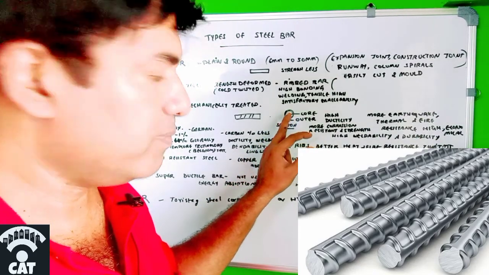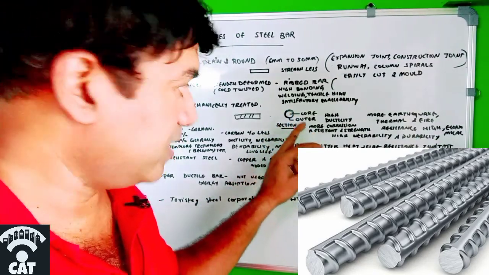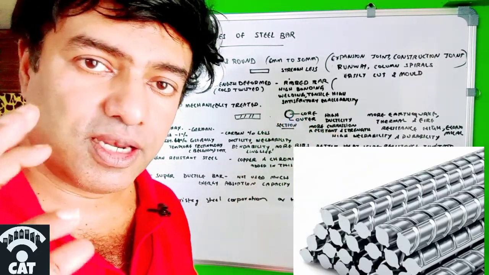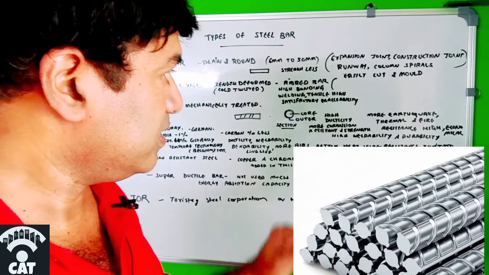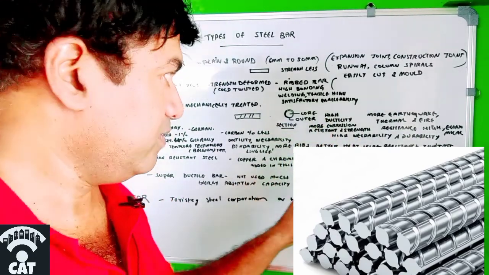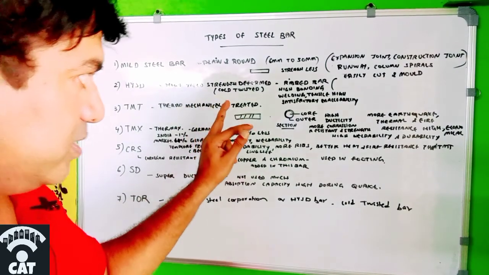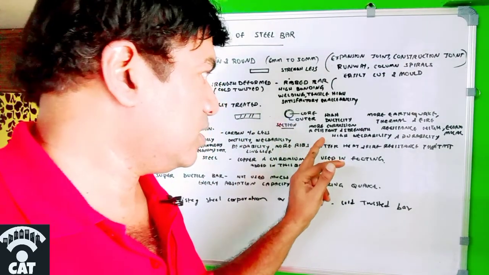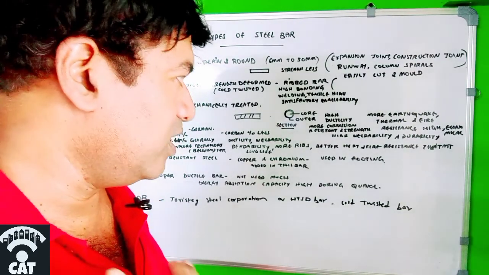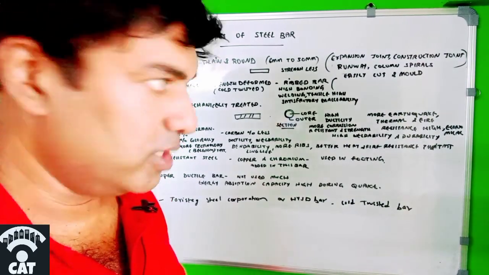The inside core will be comparatively softer than the outside core. The outside core will be harder because it is suddenly cooled. Because of that property, the malleability or ductility of this steel bar is very high compared to the HYSD bar. It also has more corrosion resistance, strength, weldability, and durability.